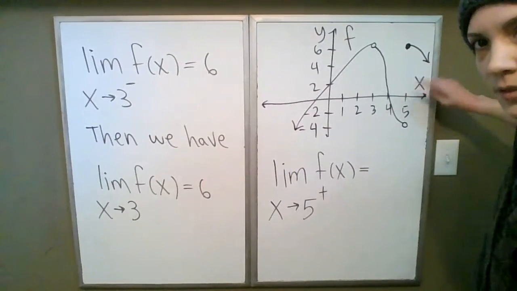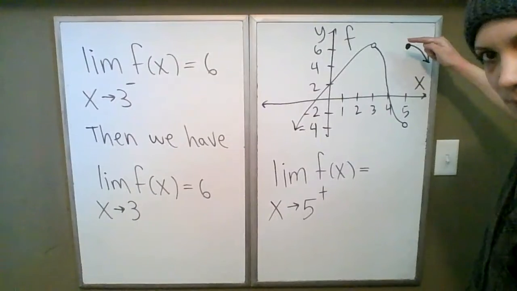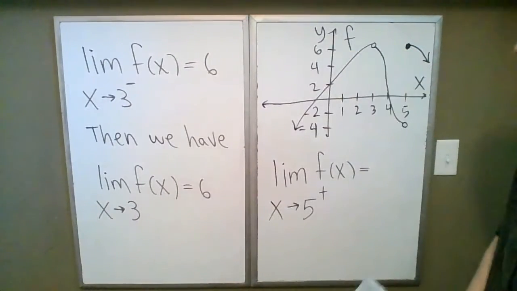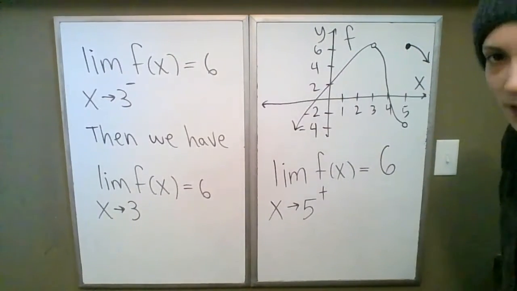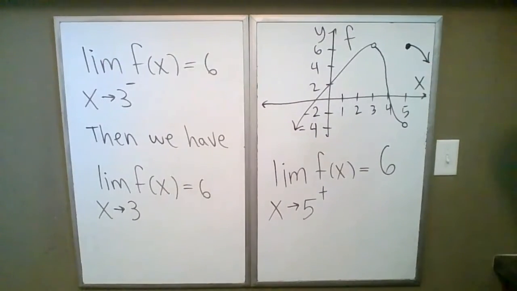Let's say for your x values, your function is getting closer and closer to 6. Awesome. All right, let's approach 5 from the left.